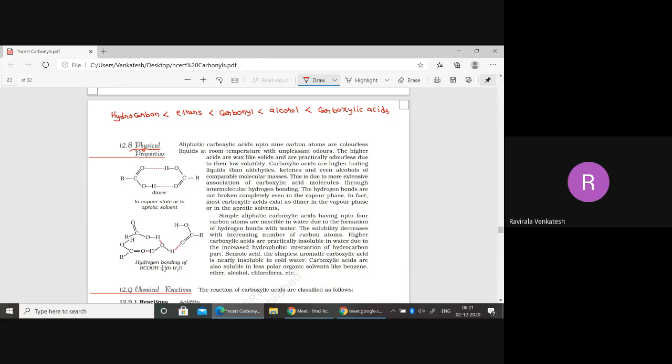Now here we have discussed many questions with these examples up to alcohol. Now why do carboxylic acids have higher boiling point? The reason behind this is intermolecular hydrogen bonding.